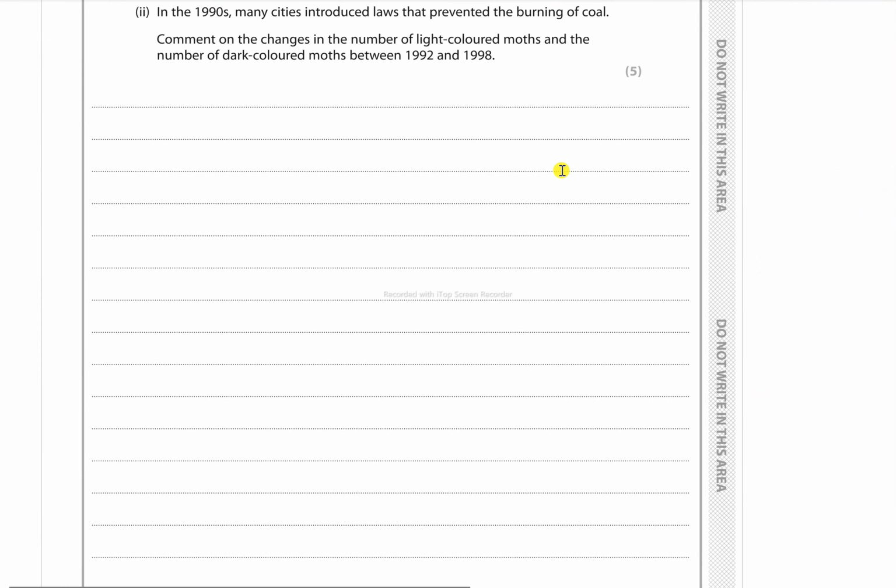Right, so now these questions are coming in now. They want you to think about stuff more yourself now. It says comment on the changes. It doesn't say explain why do you think this happened, but that's interesting. So if you get a question like this, it says comment on the changes.